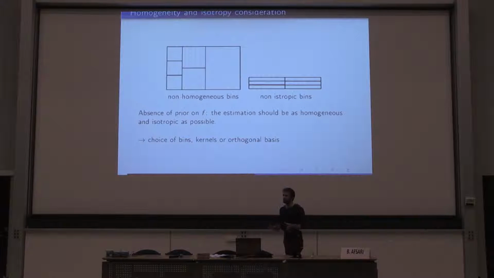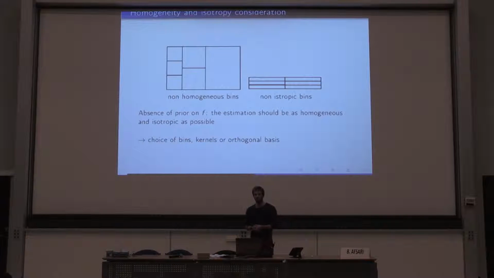Now just a general consideration on density estimation. The estimation should be as homogeneous and as isotropic as possible when we have no prior information on the density. This means, for instance, that with histograms, bins need to have shapes as similar as possible, and the bins should be as round as possible.